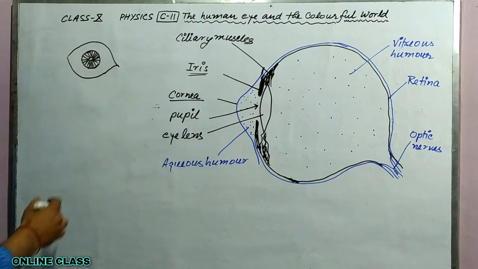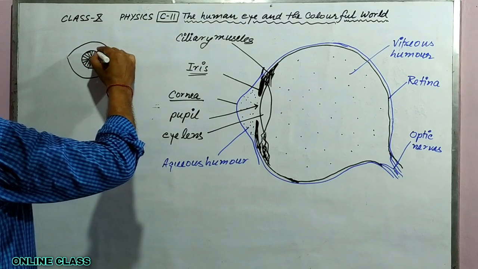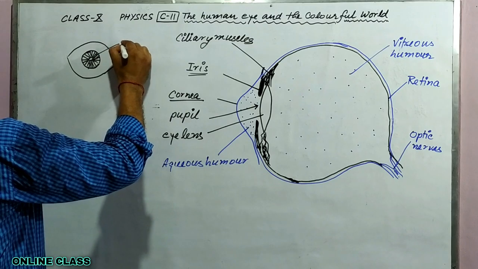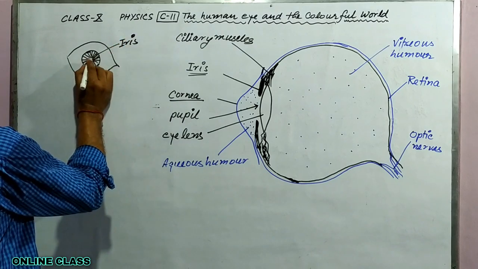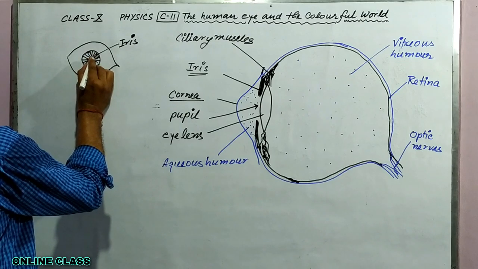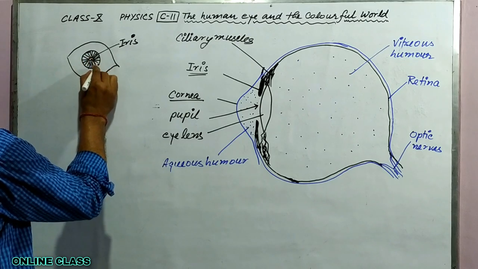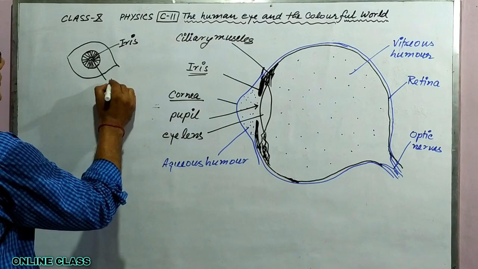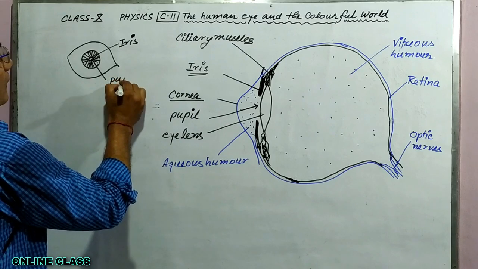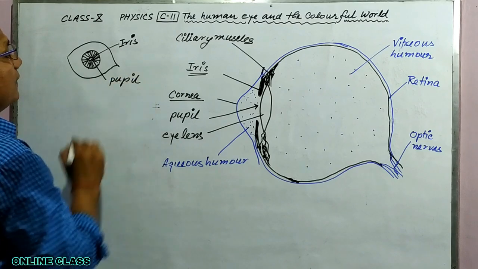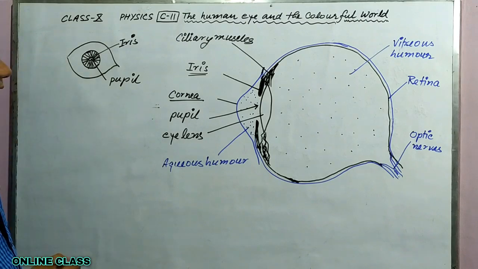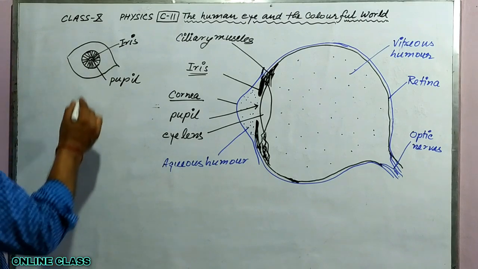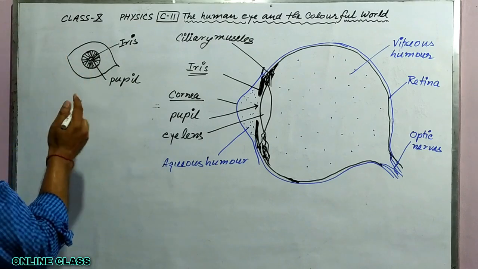In front view, you can see this is iris and there is a hole in the center of eye. This is pupil. Okay. So pupil is a hole in the center of eye through which light can enter.